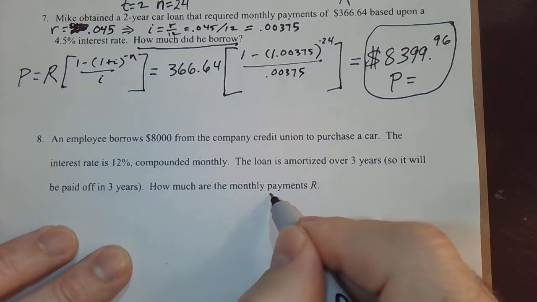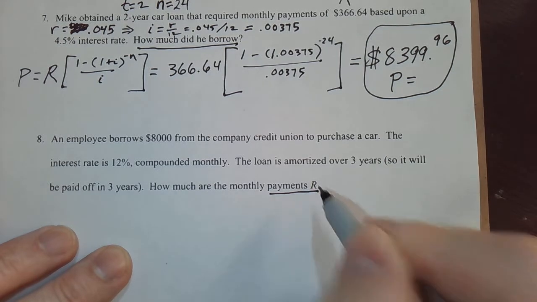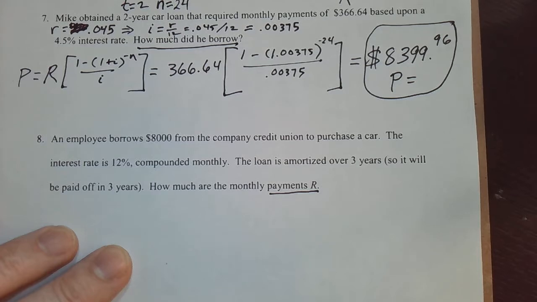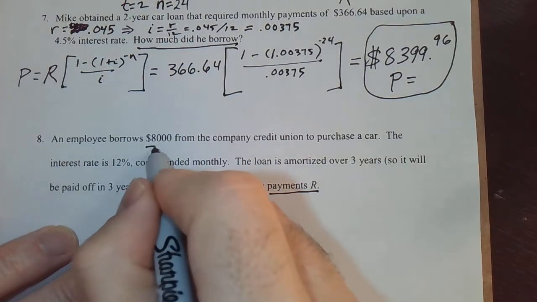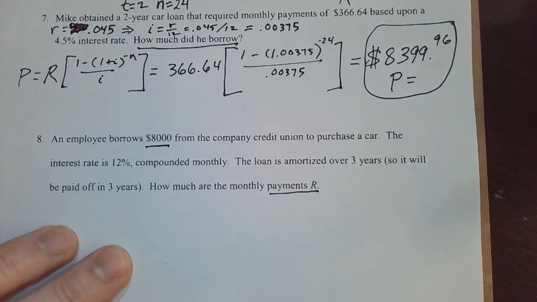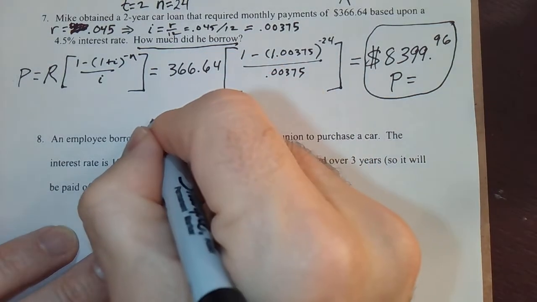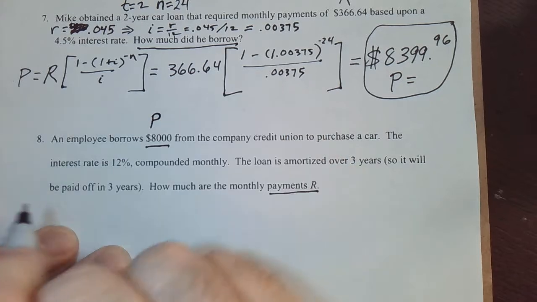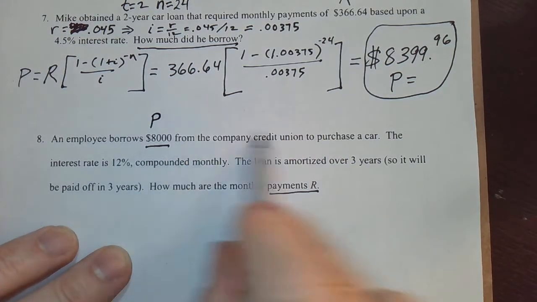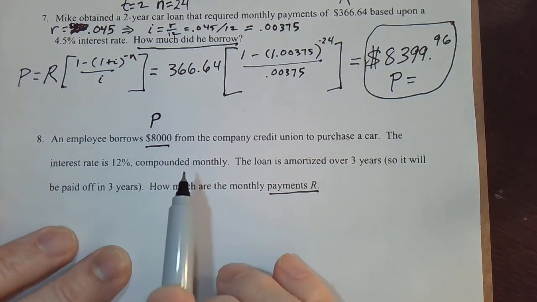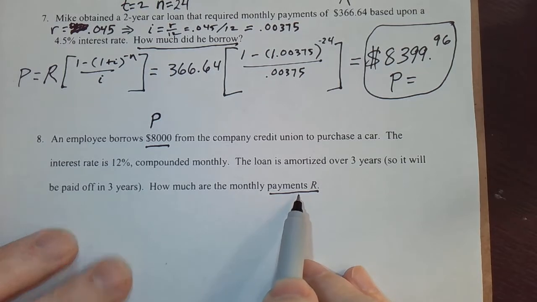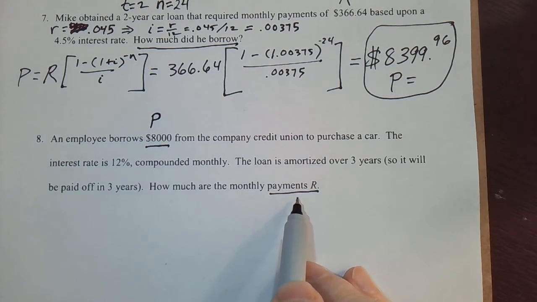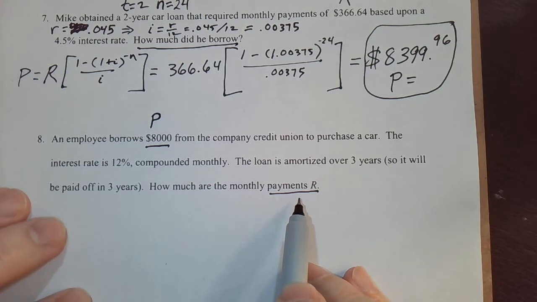I'm reminding you that we're looking for R. In the previous problem, we were looking for the loan amount. But here, the $8,000 is the loan amount, the amount that's being borrowed. So we're given P and the interest rate and everything else, except for the monthly payment. With the same formula, we're going to solve it for capital R, the monthly payment.